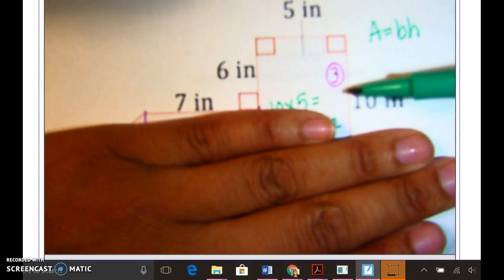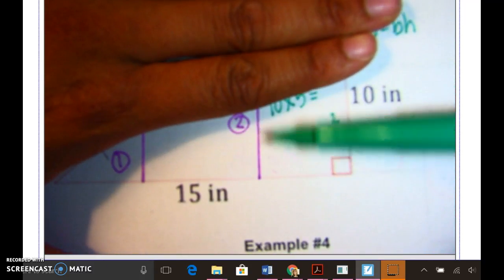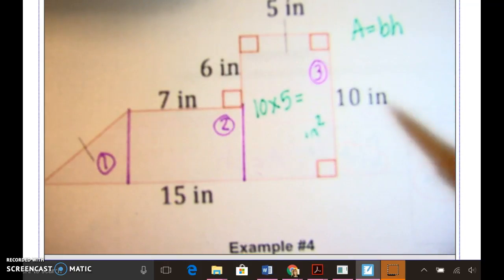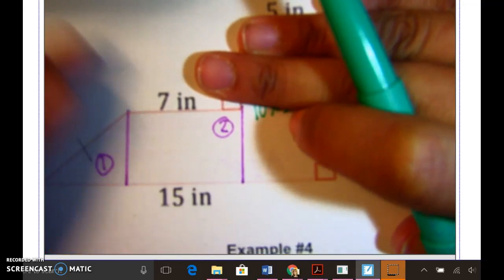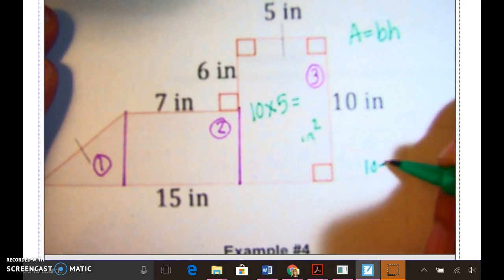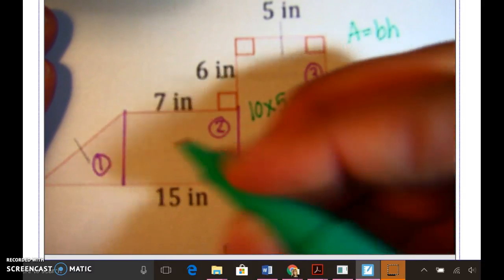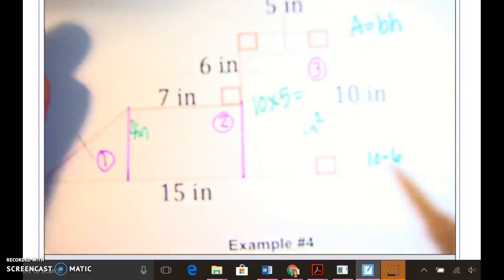So if that much of it is 6, and the whole thing is 10, how much is left over? Well, then you need to do 10 minus 6. You need to subtract out this much to find out what this part is. So if you do 10 minus 6, you're going to know that this side is 4 inches. I'm going to write over here, 4 inches.